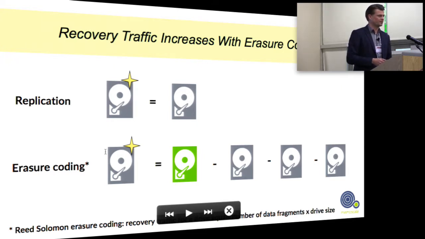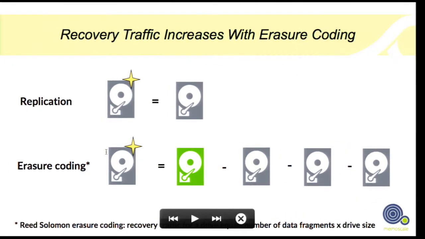And that means that you need to get hold of at least as many fragments as you use data fragments in your erasure coding configuration. And that means that the amount of data that you need to read and transfer to recover a lost drive equals the lost data times how many data fragments you used in your erasure coding configuration. And that's with the normal Reed-Solomon erasure coding.